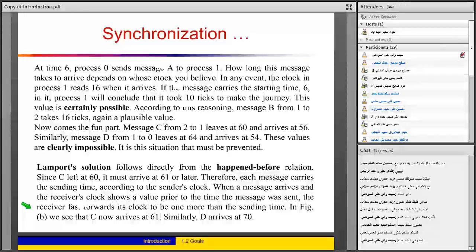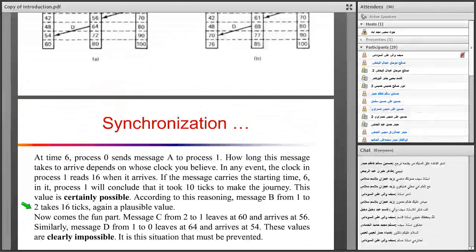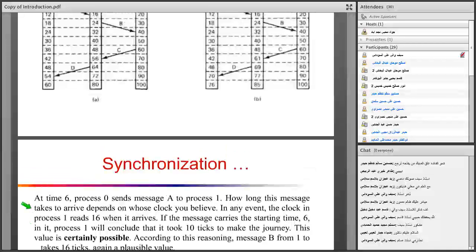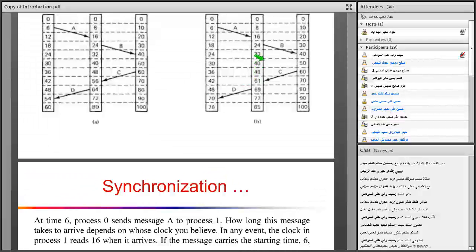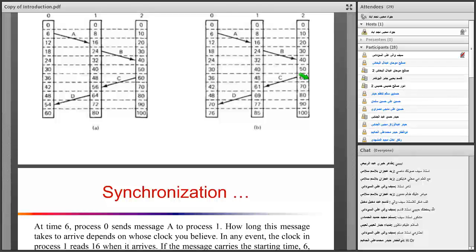So for both messages, we can see the receiving time on machine 1 is one more than the sending time in message C, and also similar to it in machine 0.